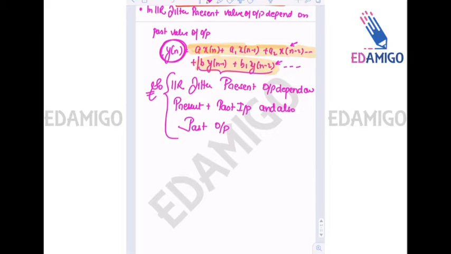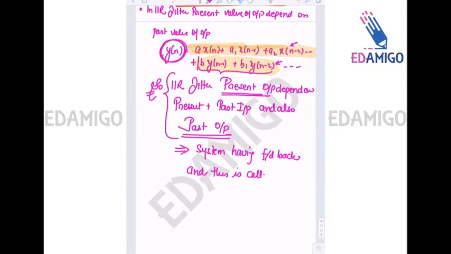So since the present output depends on the past outputs, this is called a system having feedback, and this is called a recursive system.